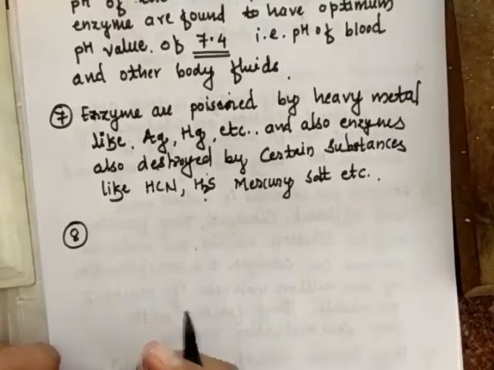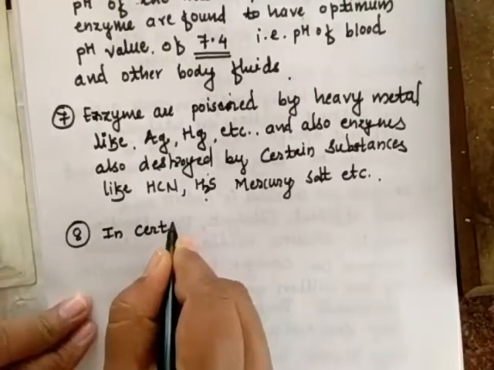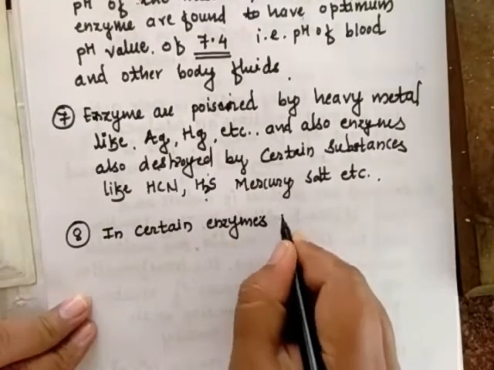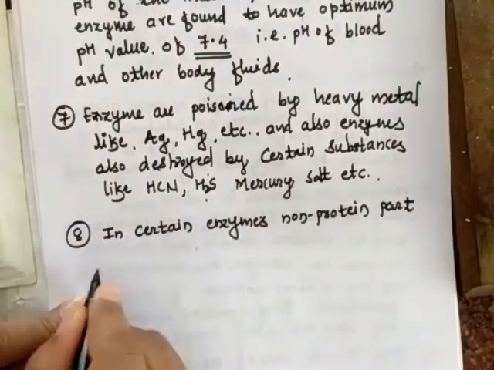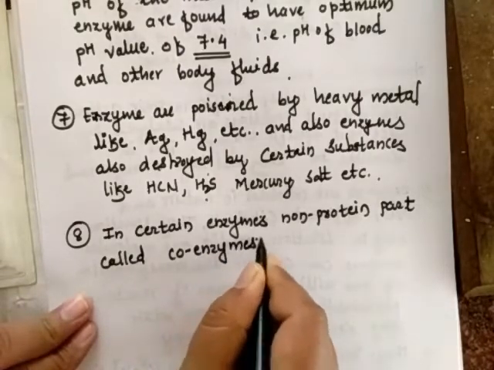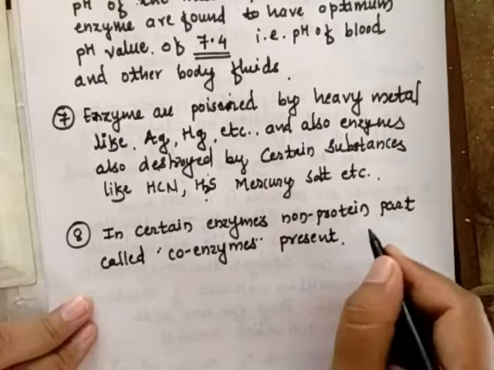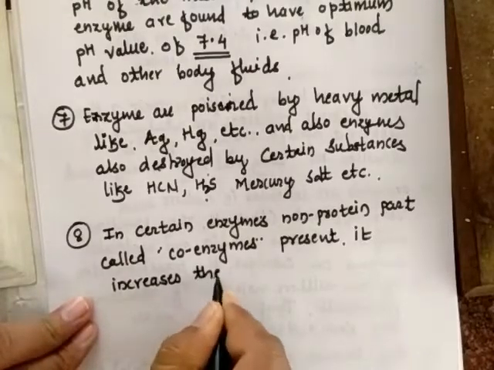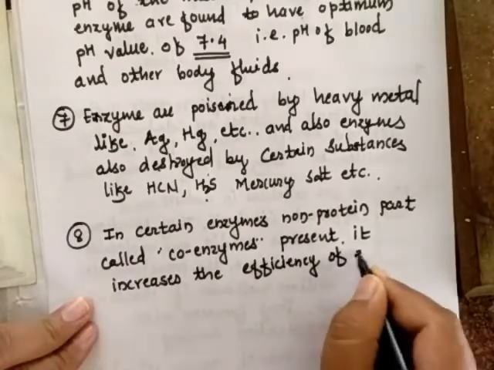In certain enzymes, the non-protein part, called the coenzyme, is present, and it increases the efficiency of the enzyme.